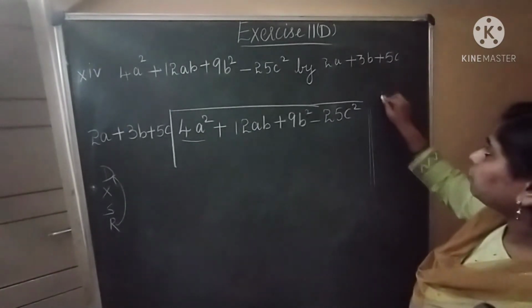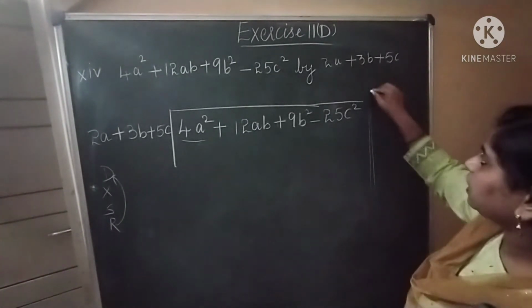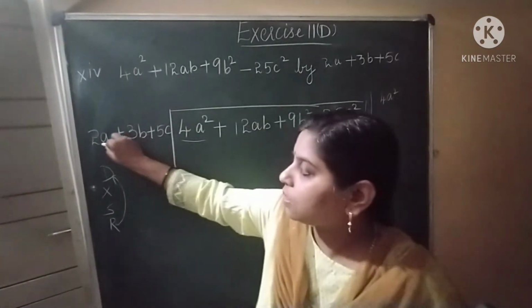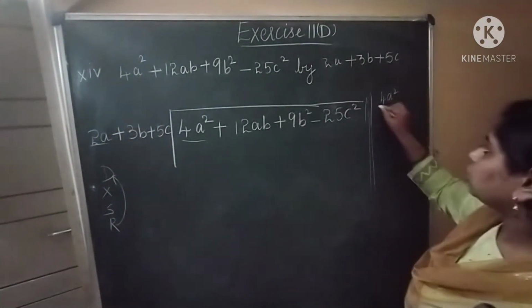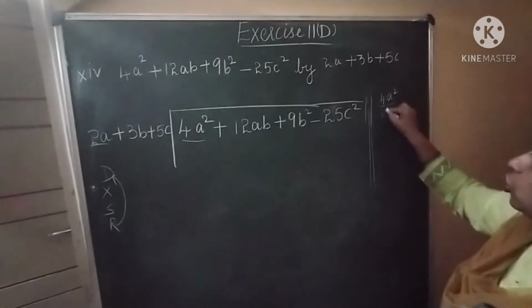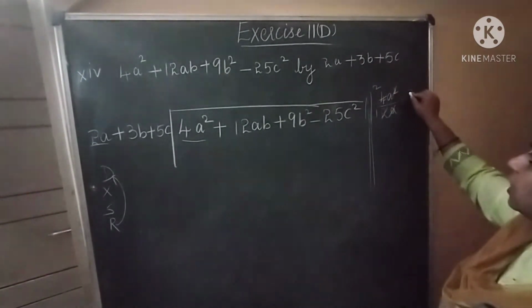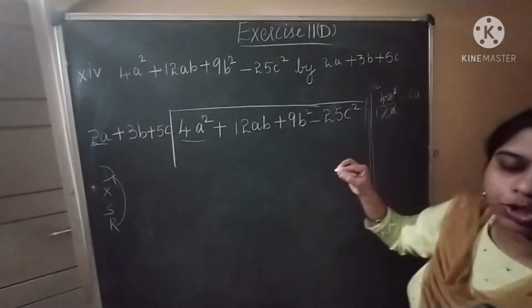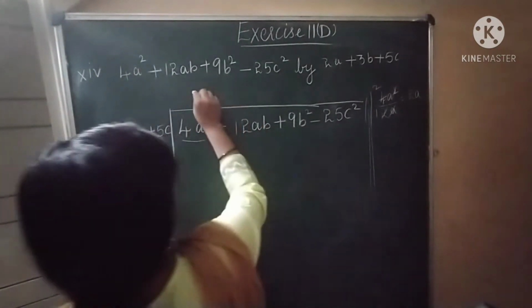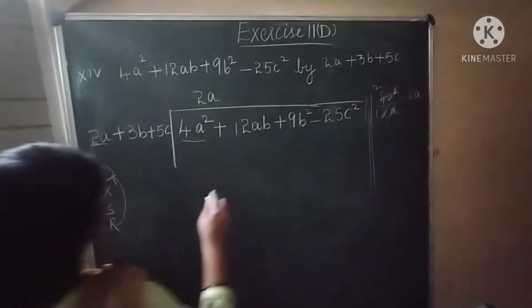That is 4a square, divided by the first term of the divisor, that is 2a. When I divide, 2 1s are 2, 2 2s are, and a and 1a will get cancelled, remaining you get 2a. So 2a is the first term of the quotient. Now division over.